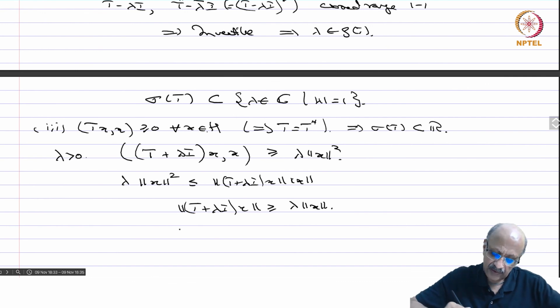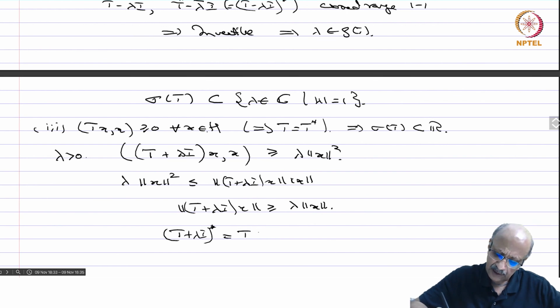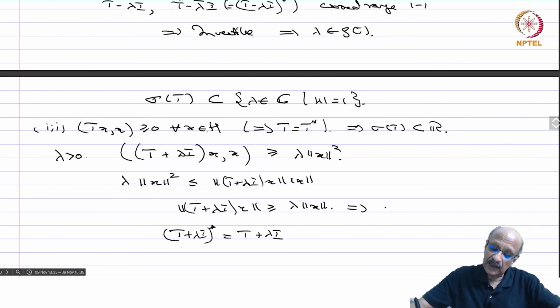Okay, so once again, its adjoint (T plus lambda I) star is the same as T plus lambda I again, because lambda is real and T is self-adjoint, and therefore this implies that T has closed range.